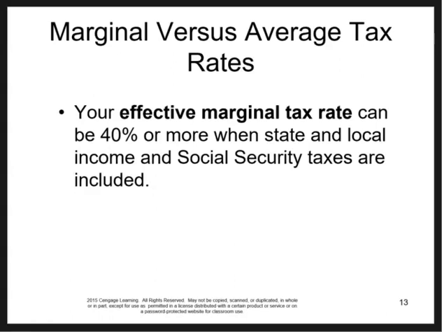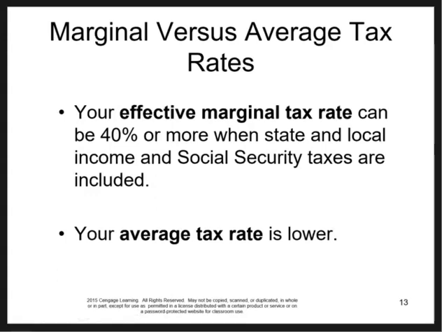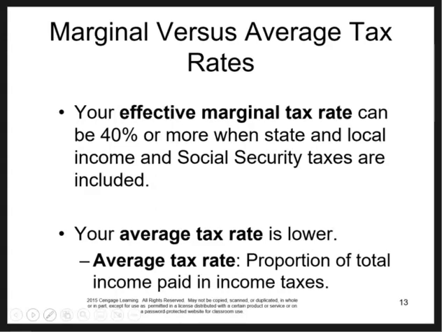Your average tax rate is lower. The average tax rate is your tax liability divided by your taxable income, so the proportion of the total income paid on income taxes.